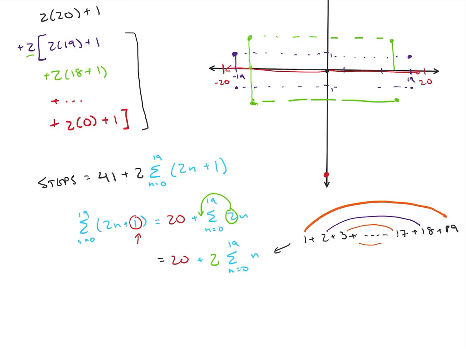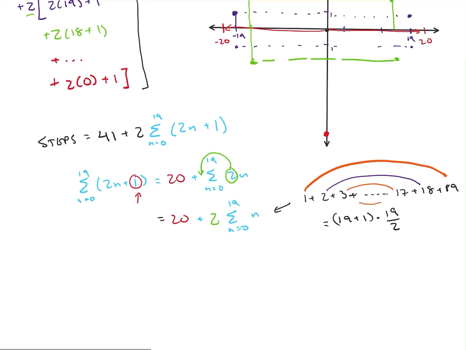So I'm adding 19 plus 1, and I'm doing that 19 over 2 times. You might notice there's an odd number, so 19 over 2 gives us a half because there's a middle term, and when I multiply it through, that's just going to be adding 10.